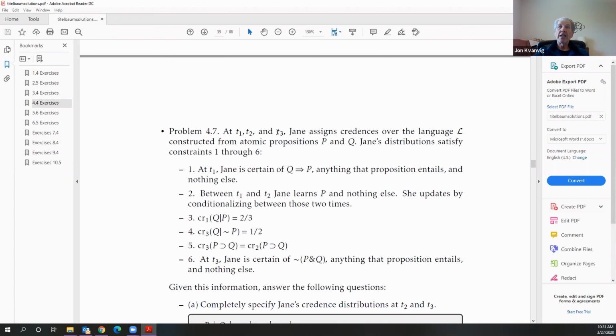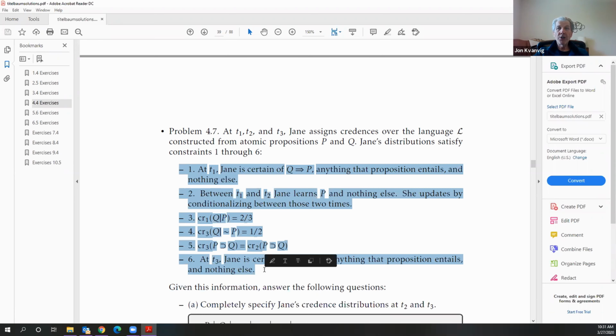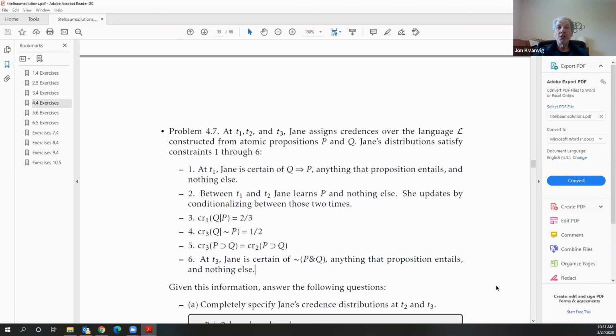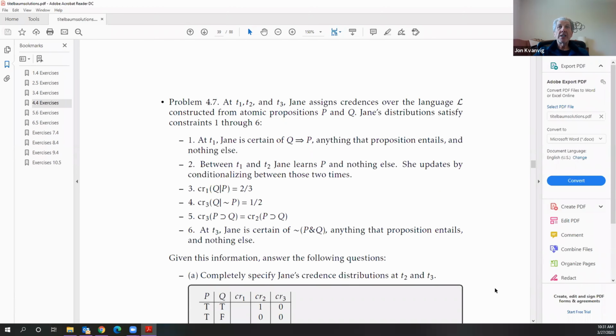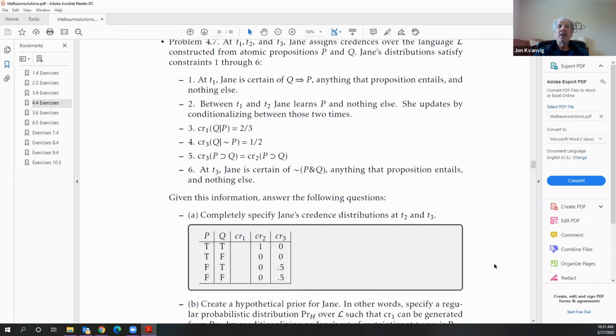So Jane, at 3 times, assigns credences to atomic propositions P and Q. Her distributions satisfy these 6 constraints. I won't bother to read them all, but we're supposed to honor the 6 constraints by constructing a credence and saying what the credence distributions are for T2 and T3.